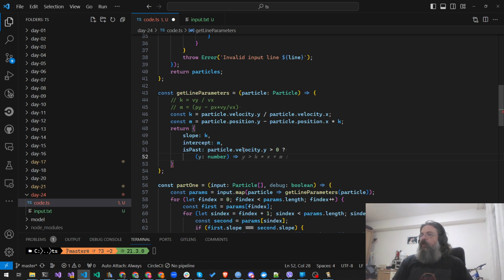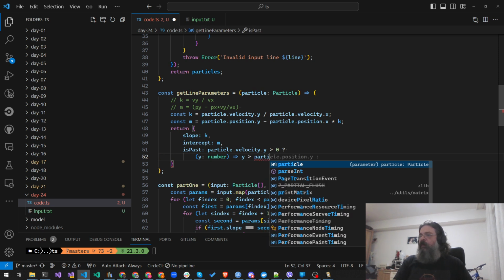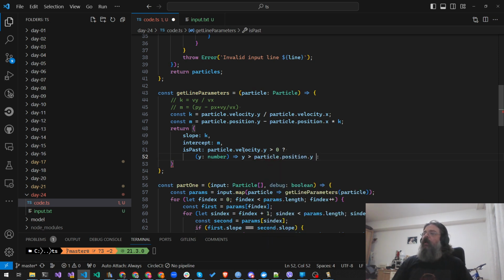We are getting y and we're going to return whether y is bigger than particle.position.y. So if we have a positive velocity and our number is bigger than the initial position, that's in the future. So I will just call this isFuture.